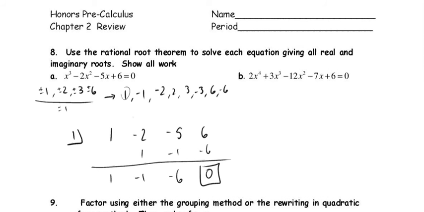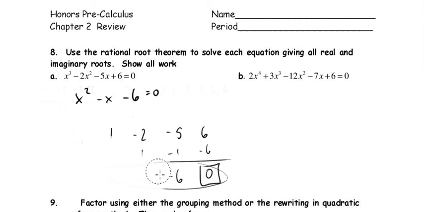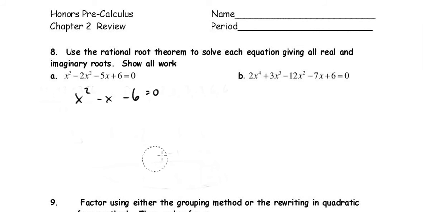I need to keep that information there at the end. I want to know that x squared minus x minus 6 equals 0. And now what are my other roots here, so I can continue solving it? So one solution here was that x equals 1.